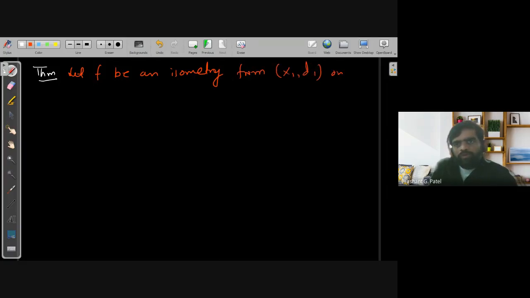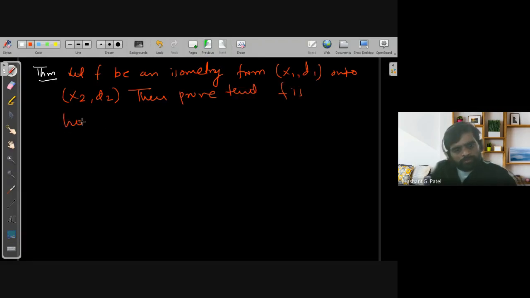We can state that let f be an isometry from x1 comma d1 onto x2 comma d2, then prove that f is a homeomorphism from x1 to x2.